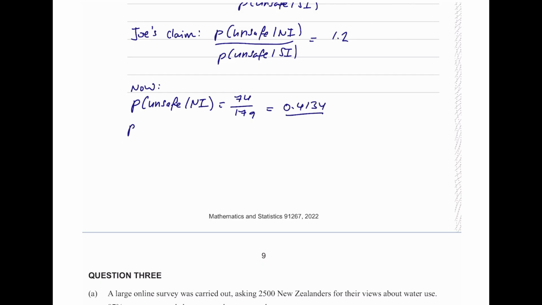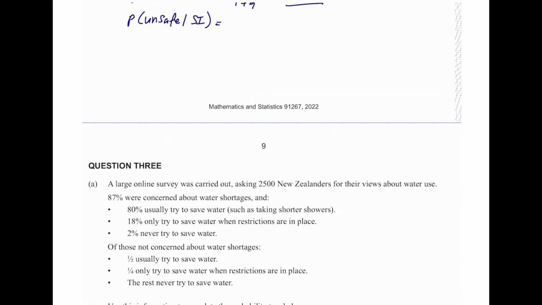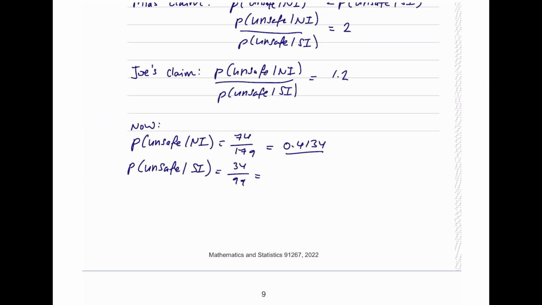Okay, and the probability that we're unsafe in the South Island is, so out of 99 rivers, 34 are unsafe, so 34 over 99 is what? 34 over 99, that's 0.3434. Therefore, the relative risk is equal to the probability of being unsafe given that we're in the North Island, 0.4134, divided by the probability that we're unsafe in the South Island, 0.3434.